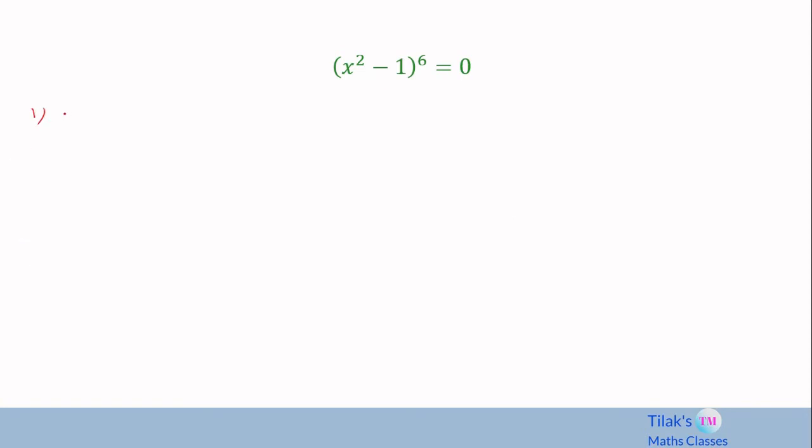The first one is Rolle's theorem, and the other concept is multiplicity of roots. Let us see what are the roots of this equation, (x² − 1)^6 = 0.